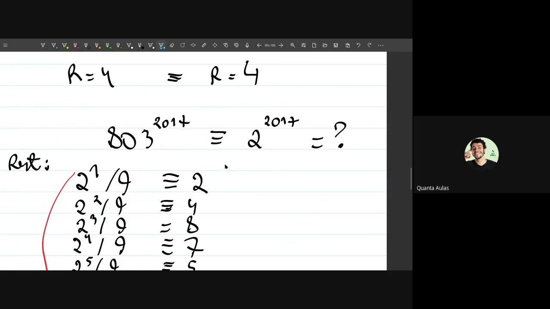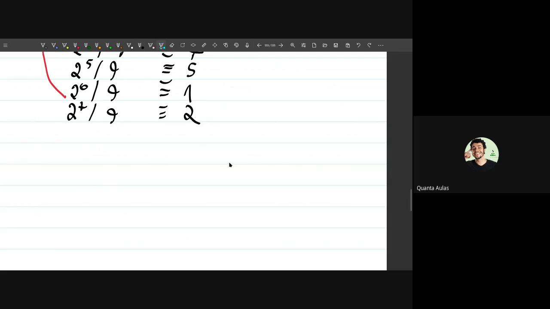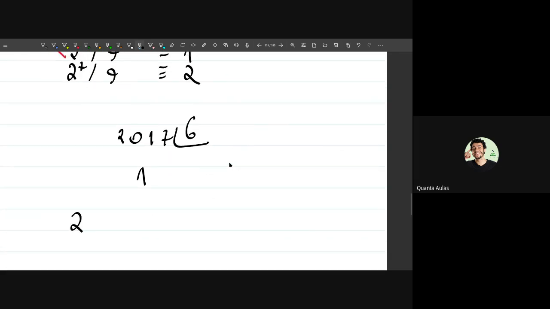What we can do is just the division, dividing by 6, and then the remainder will be 1, okay? So the remainder is equal to the remainder of the first power of 2, because we have 1.